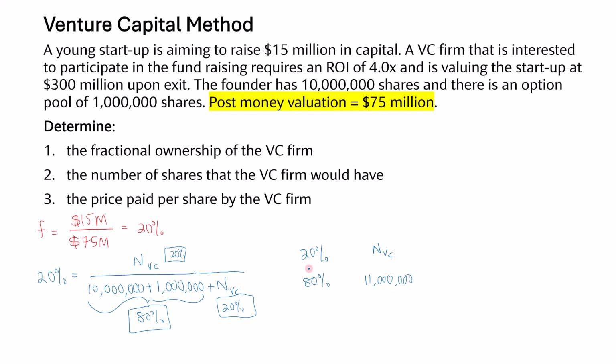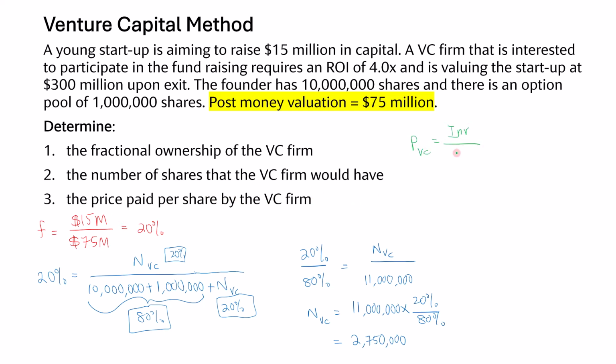So we just need to equate it, and from there we can calculate the number of shares that the VC will get. We take 11 million and multiply by 20% over 80%, and that is equal to 2,750,000 shares.